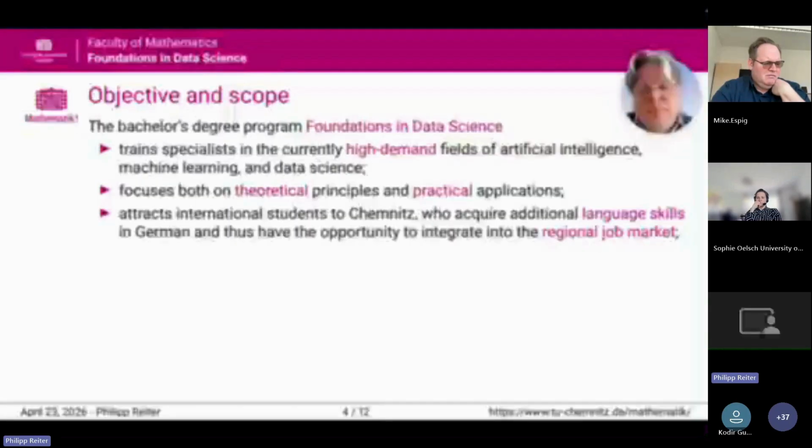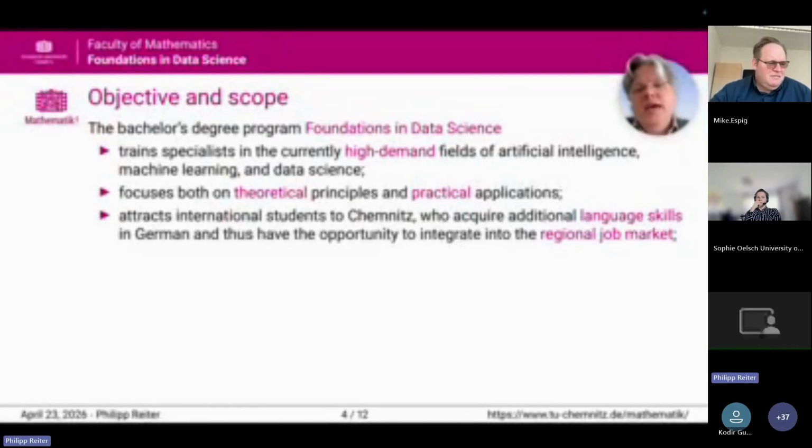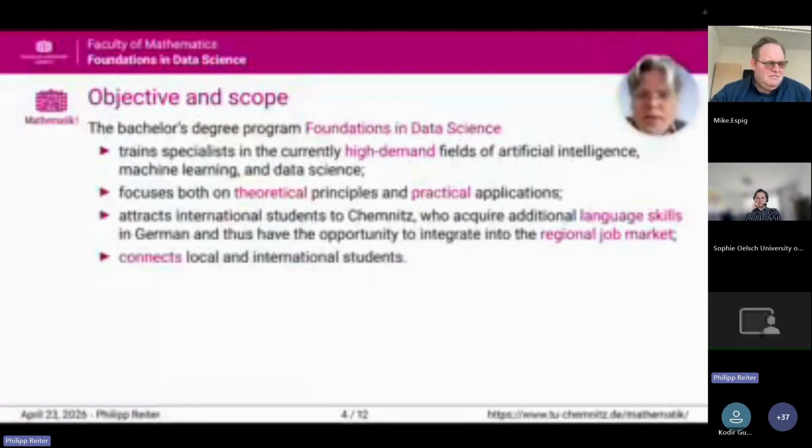This bachelor's program attracts both international students and is also open to participants from Germany, so you have a mix of incoming students and locals. And of course, the focus is on giving all participants the opportunity to integrate into our regional job market in Saxony and certainly also abroad.